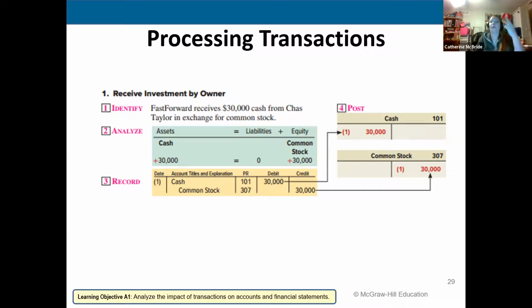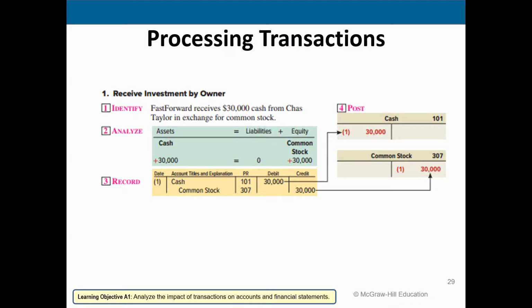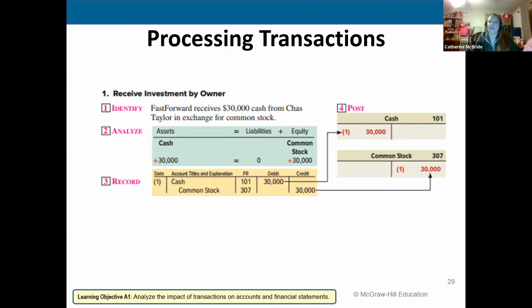All right, number 3, did each account increase or decrease? Did cash increase or decrease? Increase. It increased. We have more. We have $30,000 more that we didn't have before. So cash increased.